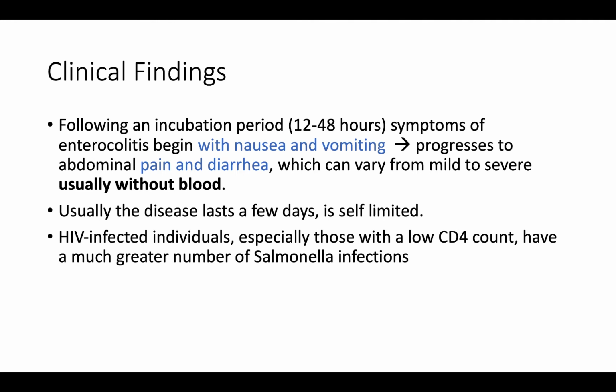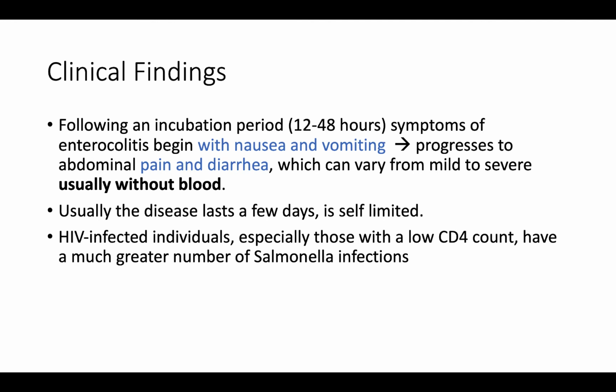So symptoms of enterocolitis may happen. Usually nausea and vomiting, then progresses to pain and diarrhea, which can vary from mild to severe, usually without blood. This is for the enterocolitis variant. Usually the disease lasts a few days. It will go away on its own.